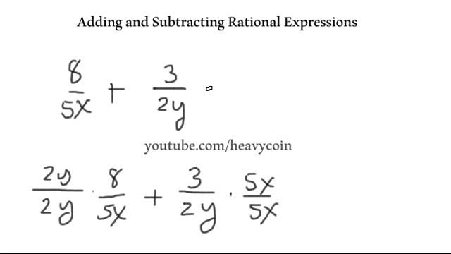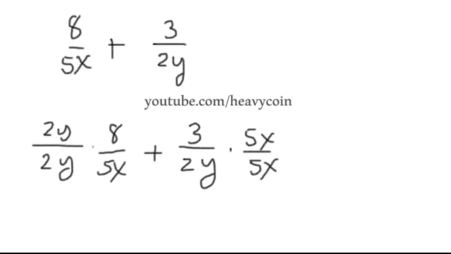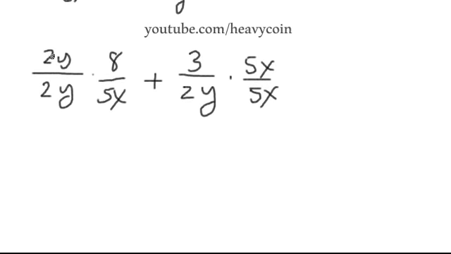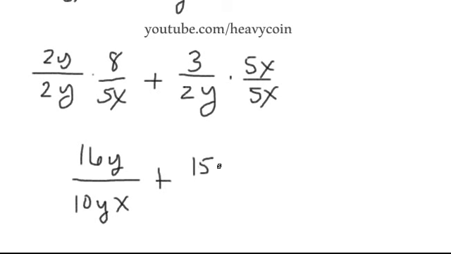So you see 5x over 5x and then 2y over 2y. So now we have a common denominator, and this is going to end up being 16y over 10yx plus 15x over 10yx. So we have common denominator now, and we can add the numerators.